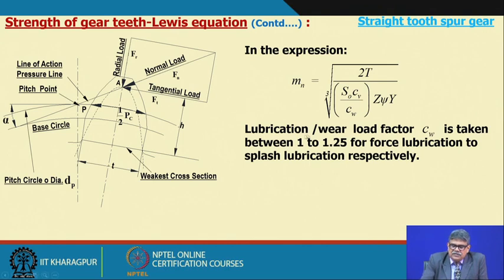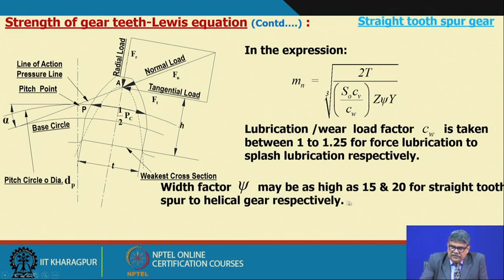So, the designer can choose this factor, as well as these are recommended by the gear manufacturers or gear designer. Now, apart from that, it might also be grease lubrication or very poor maintenance. In that case, definitely this factor should be higher.